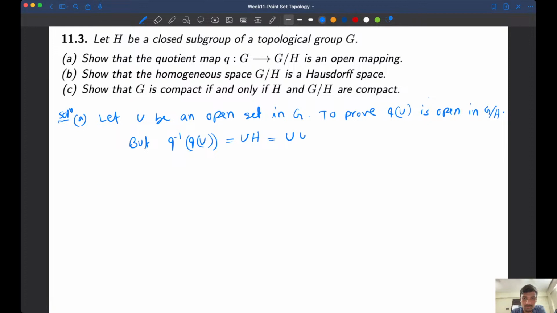So you can say U is open and this right translation R_h from G to G, sending g to gh, is a homeomorphism.